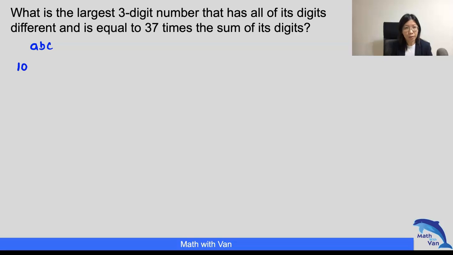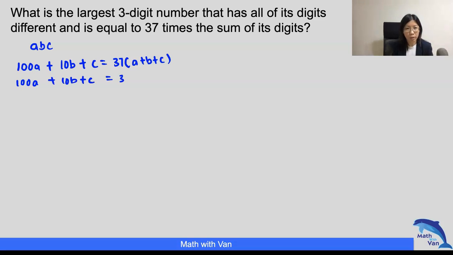So 100A plus 10B plus C equals 37 times the sum of its digits, A plus B plus C. As we expand and simplify this, what equation do we have here? 37A, 37B, and let's bring all the A on the left-hand side.